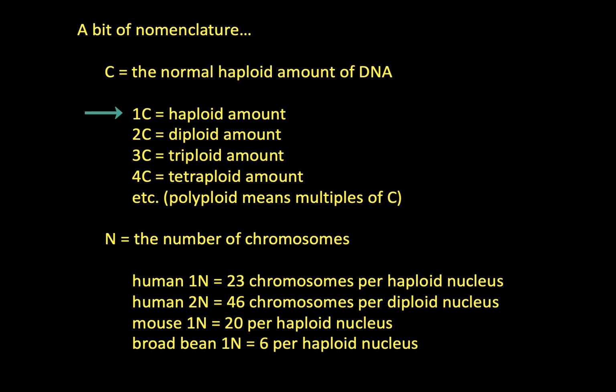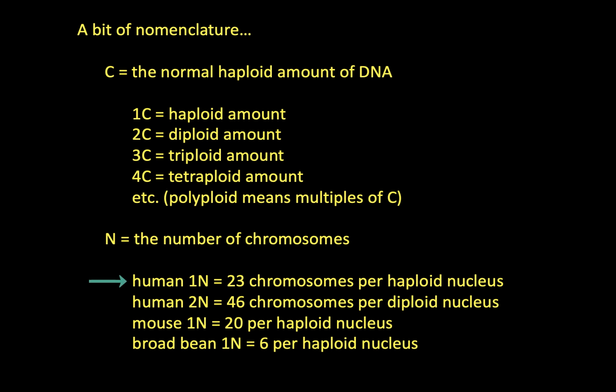So 1C equals the haploid amount of DNA, usually referred to as the genome also. 2C is the diploid amount, 3C triploid, 4C tetraploid, and then multiples of C, like 90ploid is 90 copies of the genome, etc. Because chromosomes sometimes are held together for long periods of time, even after replication, the chromosome numbers that you can count in the microscope can differ from the amount of DNA in a cell.